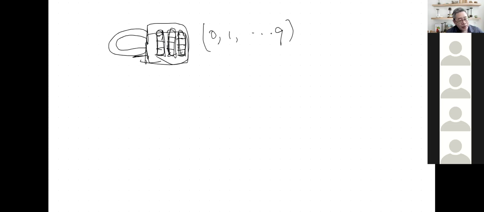Think about how many choices for the first number, how many choices for the second number, how many choices for the third number, okay? Then we use the fundamental principle.